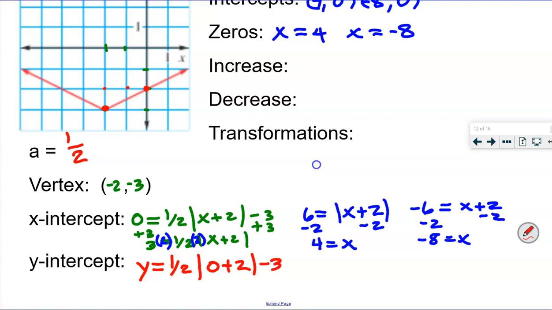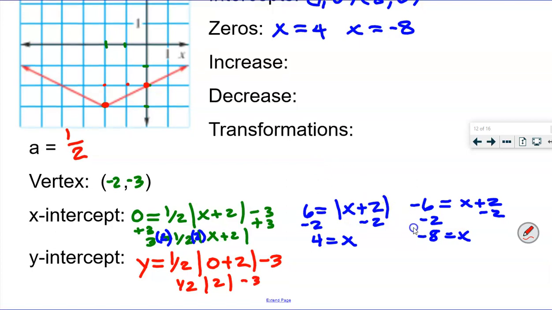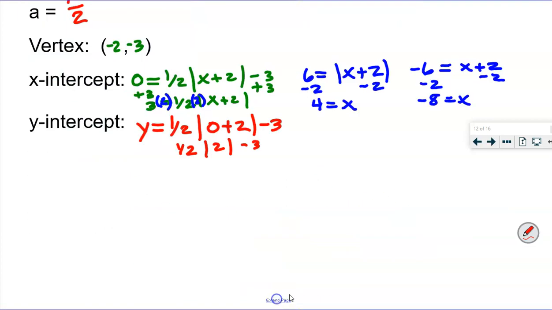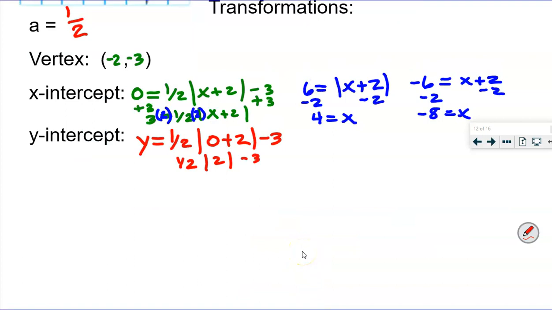So once again, we're going to do just what's on the right. So this time we got 1/2, and 0 plus 2 is the absolute value of 2, minus 3, right? And then, let me see if I can get down here a little further so we have a little more space to work with. And so then this is going to be 1/2 times 2, because the absolute value of 2 is 2. That's minus 3.